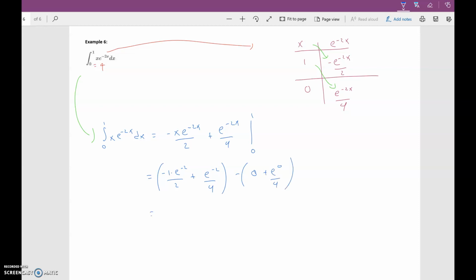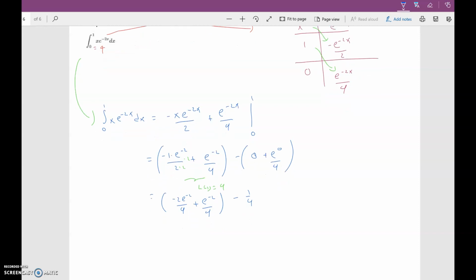So let me just get an LCD here, which is 4. So multiply times 2 and times 2. And for this portion, we're getting a negative 2e to the negative 2 divided by 4 plus an e to the negative 2 divided by 4 minus technically a 1/4 since e to the 0 is equal to 1.